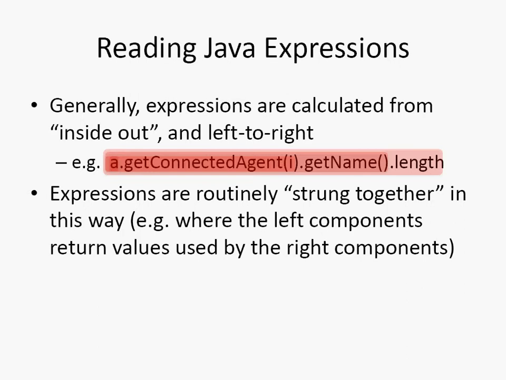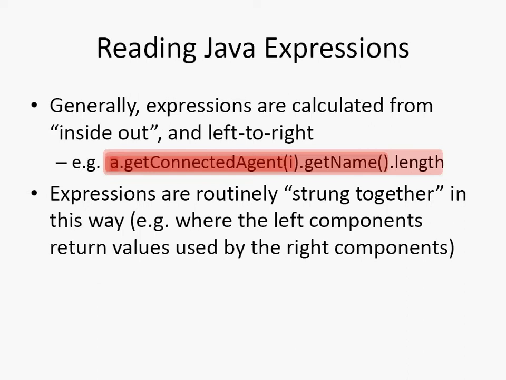And this returns, critically, a reference to an agent. This calls this, and it returns a reference to a particular agent. So it's getting an agent, and then we ask that agent's name, and then we ask that name for its length. At each point along this, a value is being returned, and that value is used to evaluate the next thing.